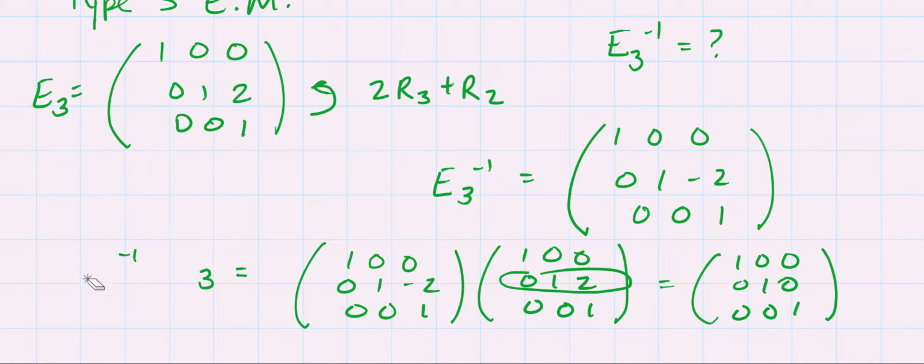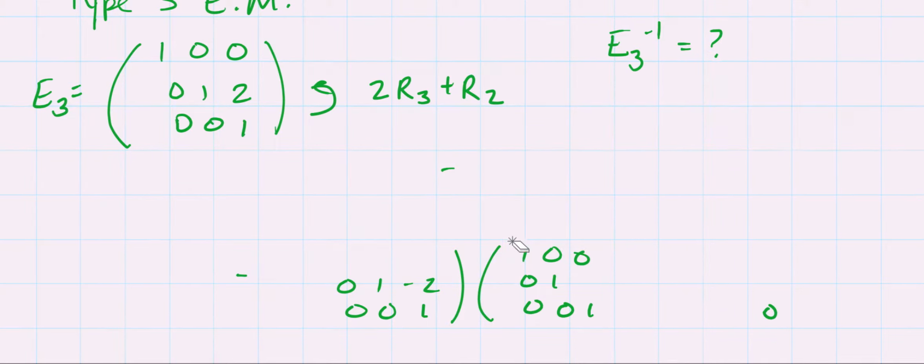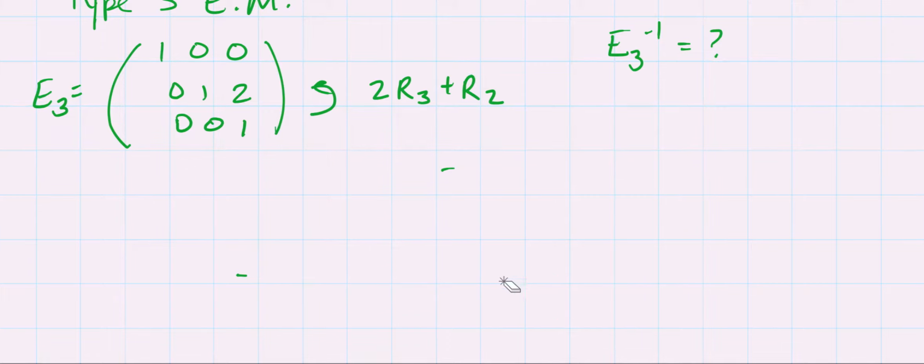So just to be 100% clear, let me give you another example, the type 3. So let's say we have this matrix T. Let's say it's a 4x4 matrix.